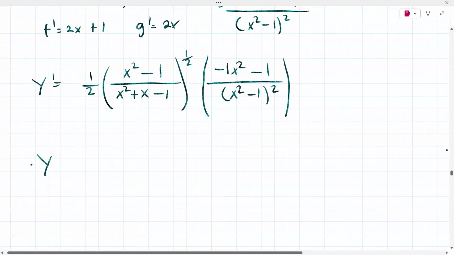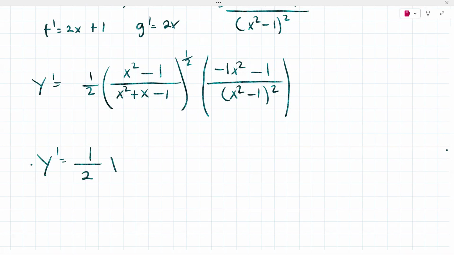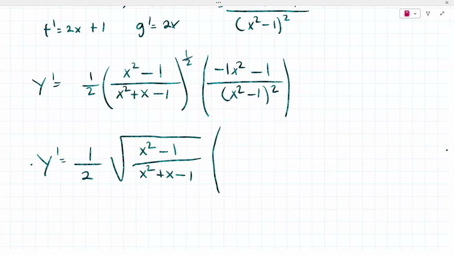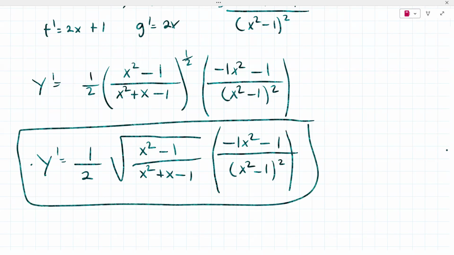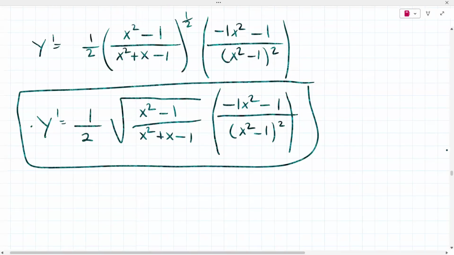So you could say y prime equals 1/2 times the square root of (x² - 1) over (x² + x - 1) times this whole thing. That would be your final answer.